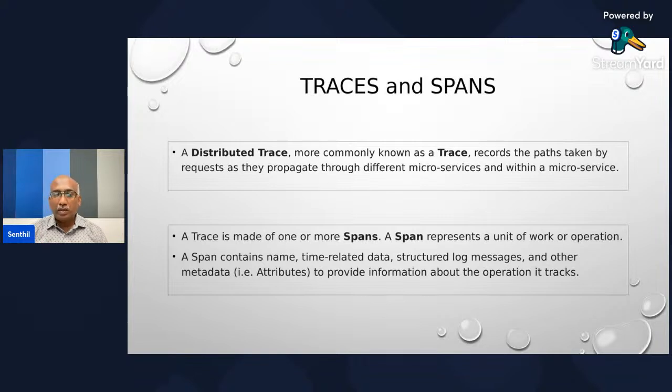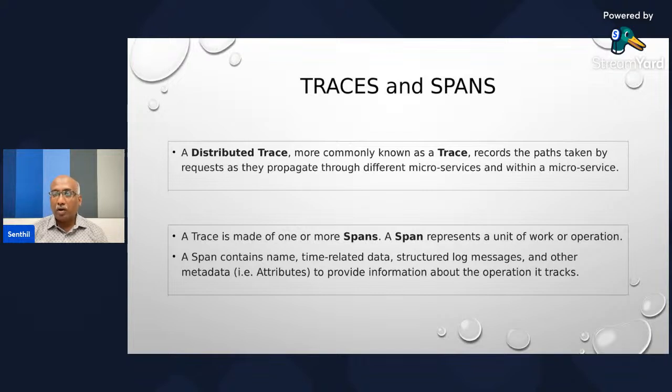So you can design your instrumentation, you can design your solution in such a way that you get to choose what will constitute a span, right? For instance, if the application is making a request to a database, right? So that is actually considered as a unit of work or an operation. So you can actually have a span to track that operation.